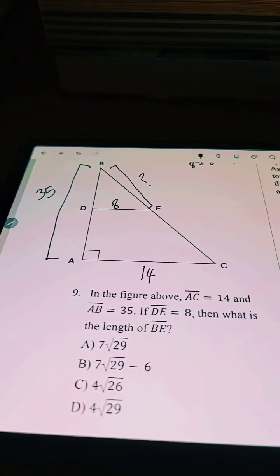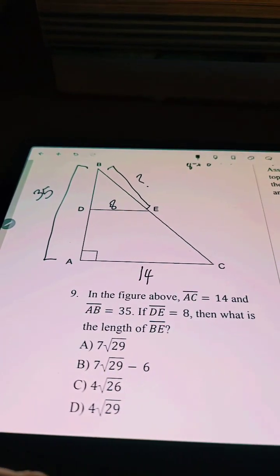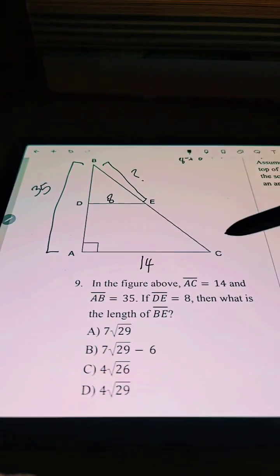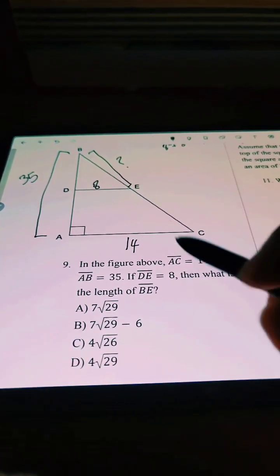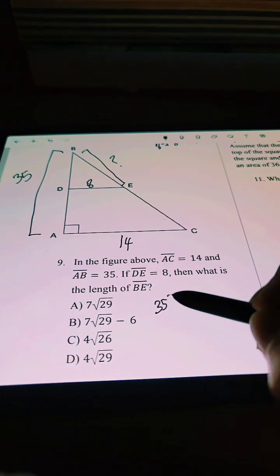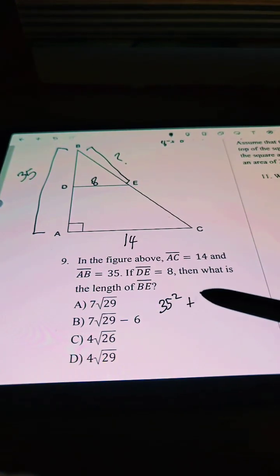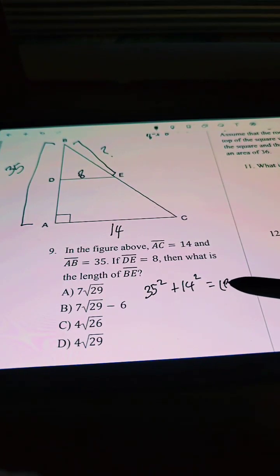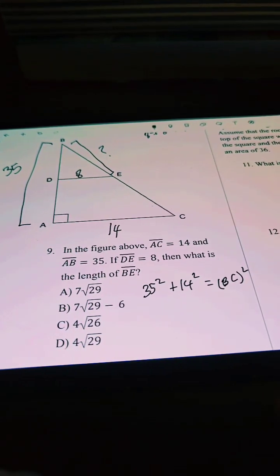It'll make more sense when I start going through it. I'm just giving you an overview. So let's start by finding out the side length BC. We're going to do that by doing 35 squared, that side length squared, plus 14 squared is equal to BC squared.